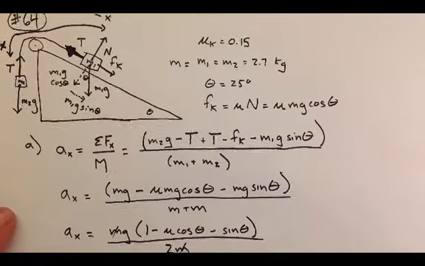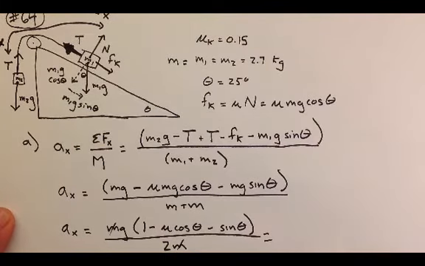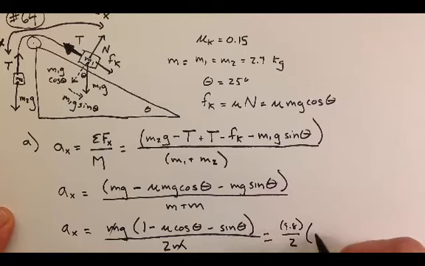So really, when we simplify this, this is just going to be equal to g, which is 9.8, divided by 2 times 1 minus mu, which is 0.15, cosine 25 minus sine 25 degrees.